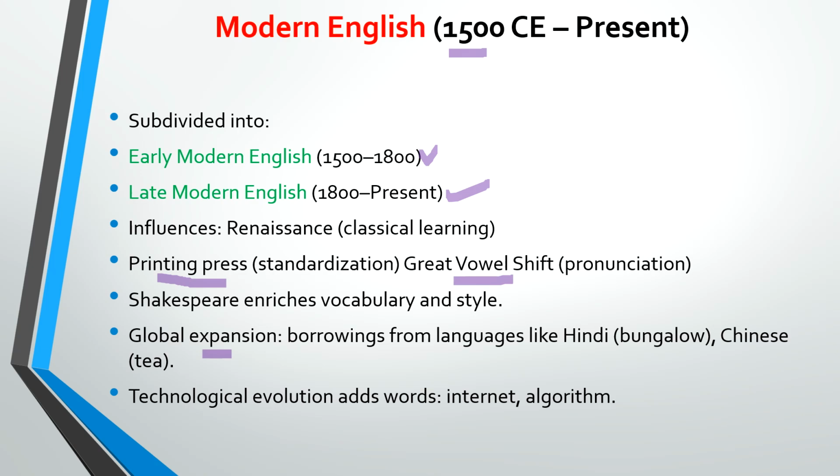During this period, English has become an international language. Words from technology were also added to English, such as internet and algorithm. So with this, we finish the three important periods in the history of the English language.